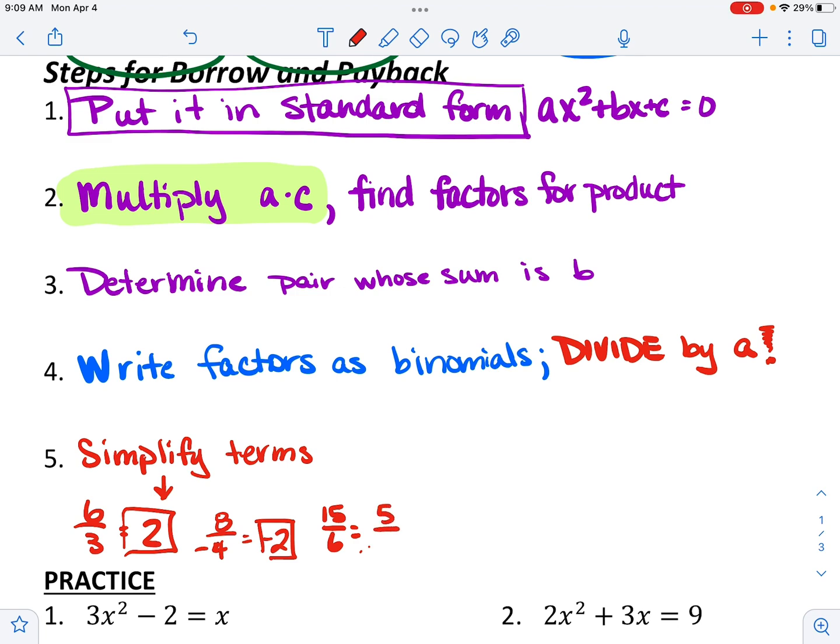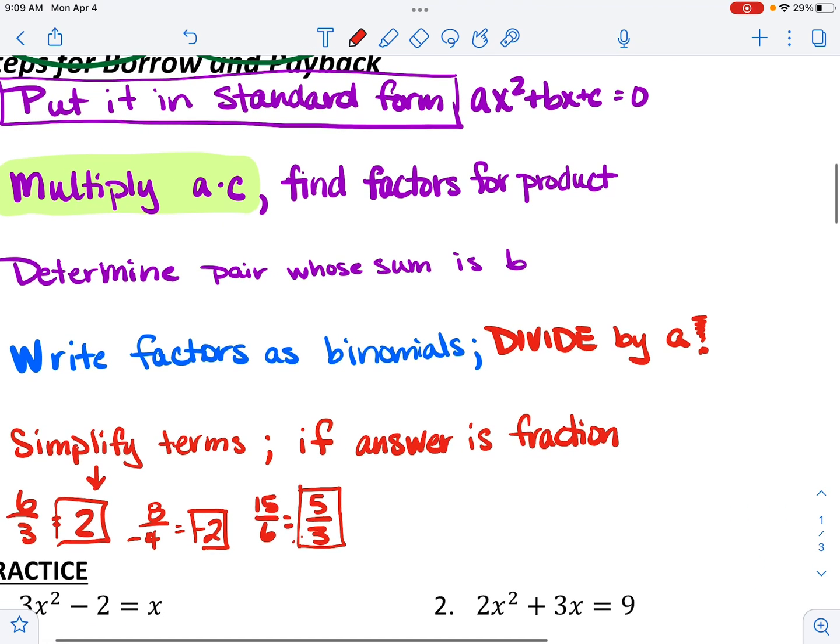This can be simplified to 5/3. So we're going to use our calculator to simplify our terms. We're going to use Desmos to simplify our fractions if we're not confident with that. And then if the answer is a fraction, I need you to make sure that the denominator goes out front. So you move the denominator to the front.